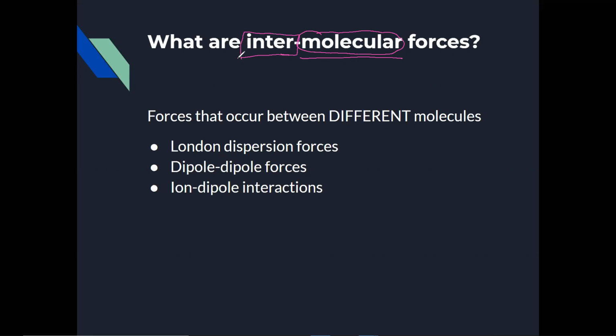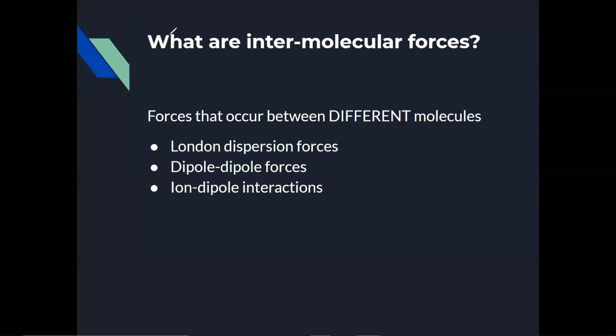So I'm going to be talking about the forces between molecules. Specifically, forces that occur between different molecules, not within the same molecule. So you have one molecule over here, you have one over here. What are the forces that are happening between the two of them?